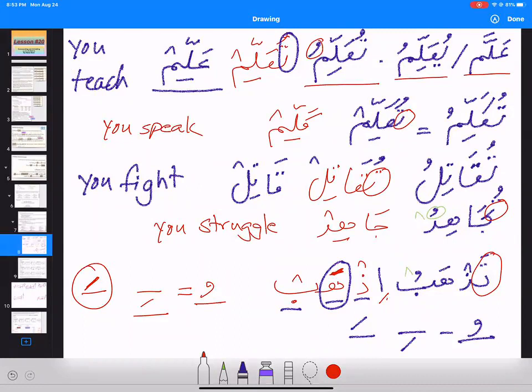I need to make it majzoom, so I will give it a sukoon. The second step is that I need to drop this ta, because this is the sign of mudariya. Now this is ain, and it becomes allim. Can I pronounce that? Yes, it is perfect to pronounce. So this is just allim. I don't have to bring a helper alif. So this is anta, allim.